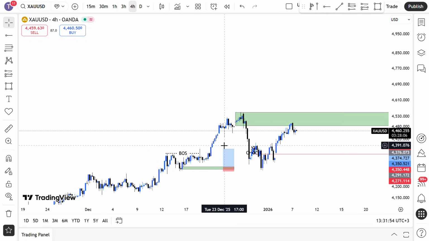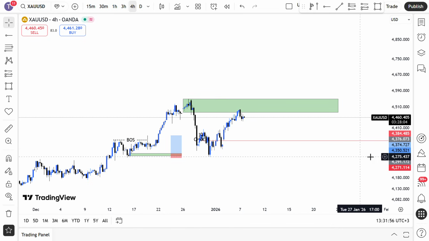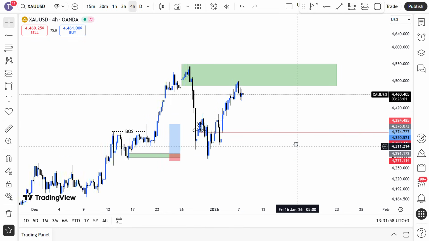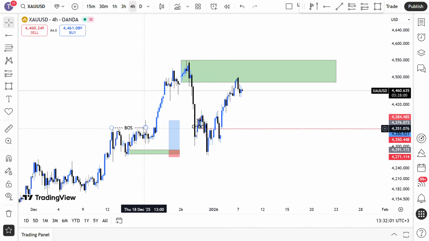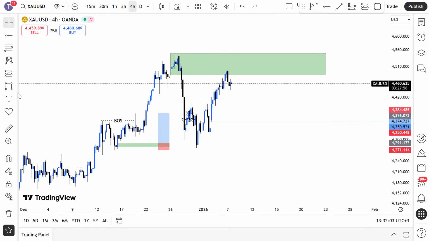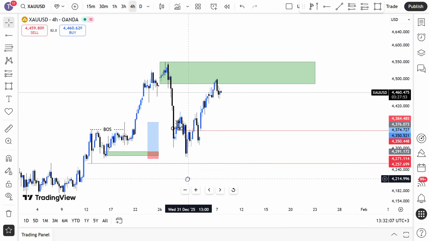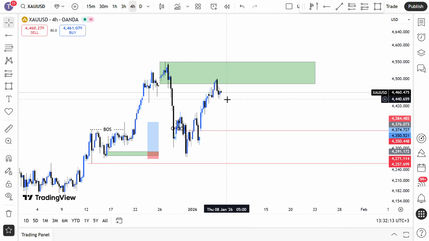So if I drop into the 4 hour time frame, we see clearly that this was the last break of structure to the upside, and this was the strong low that formed that break of structure to the downside. Because of that, the price came into that level, and we have this good reaction to the upside.